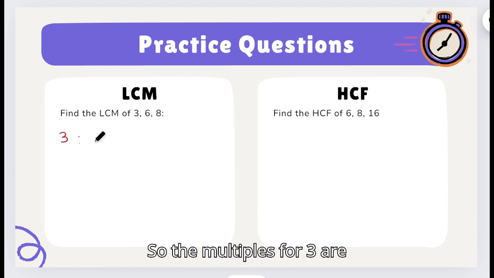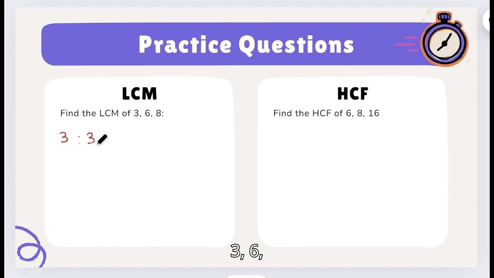So the multiples for 3 are 3, 6, 9, 12, 15, 18, 21, and so on.